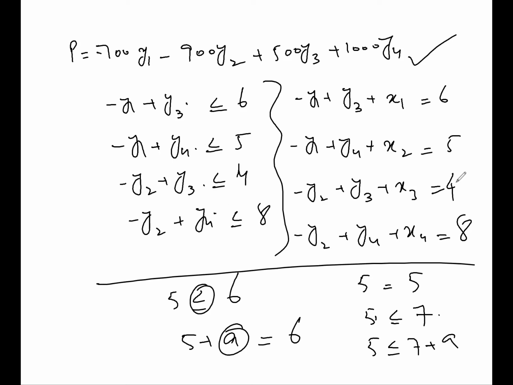Now we write it back into the matrix form, which would be our simplex method. So we write our variables y1, y2, y3, y4, x1, x2, x3, x4, and p.